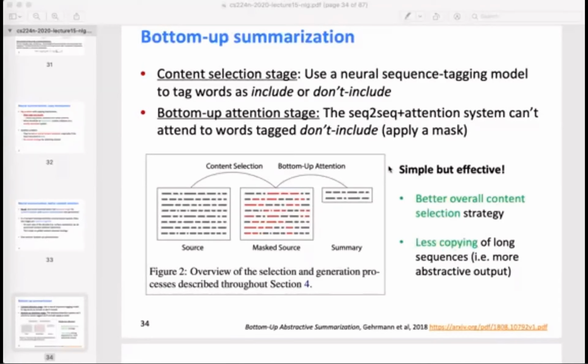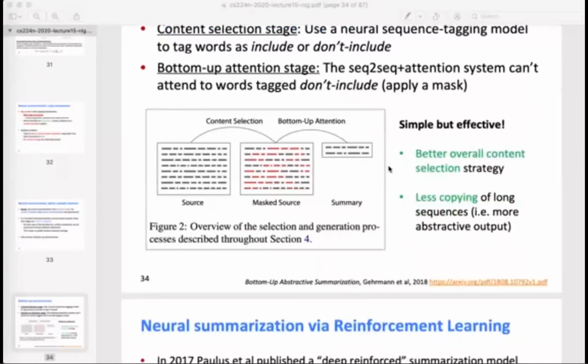Thus there's less copying of those longer sequences, and we can have a more abstractive output, because now the system needs to look into different snippets of a single sentence and try to generate a sentence out of them.